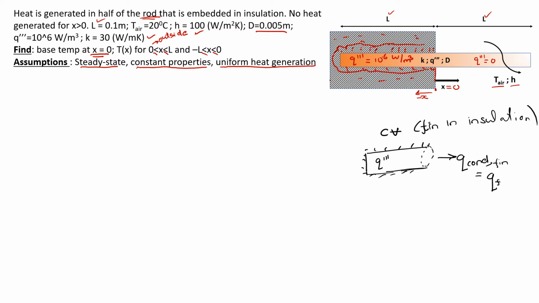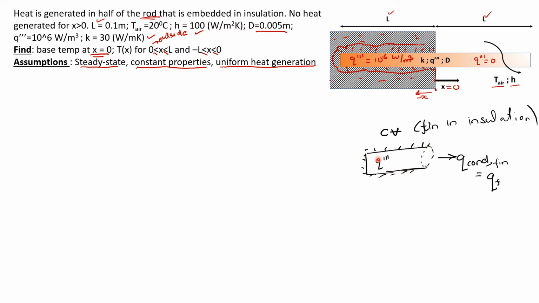Okay. So to begin with this, we need to consider a control volume to find the base temperature. Let's say our control volume is the portion of the fin that is inside the insulation, or the rod, as the problem says. So this right here is our control volume.